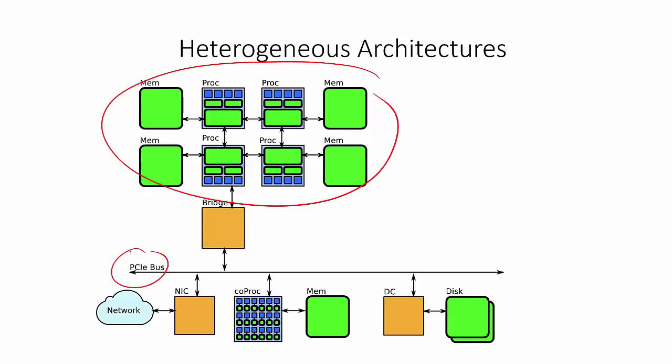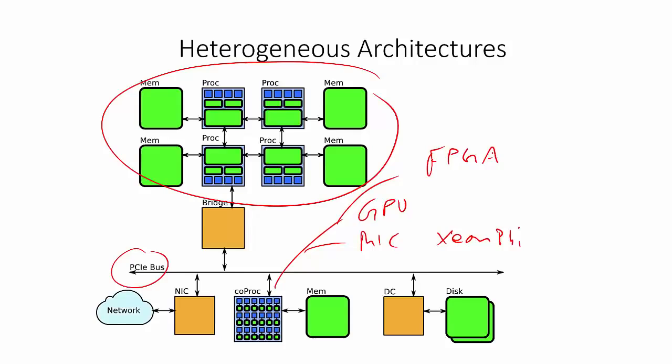For instance, it can be GPUs, or a many-core architecture like the Intel Xeon Phi. Those are the two most common ones, but it could also be an FPGA, where you can dynamically generate new kinds of designs and so on. This is a very hot topic in parallel computing nowadays, and the challenge here is, of course, how do you program these in the best possible way.